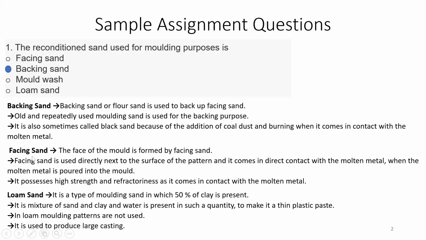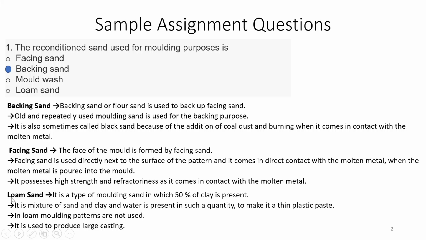Okay, next, for the other options, definitions are also given in case the question is the other way around. In facing sand, the face of the mold is formed by facing sand, which is used directly next to the surface of the pattern and comes in direct contact with the molten metal. When the molten metal is poured into the mold, it possesses high strength and refractoriness.